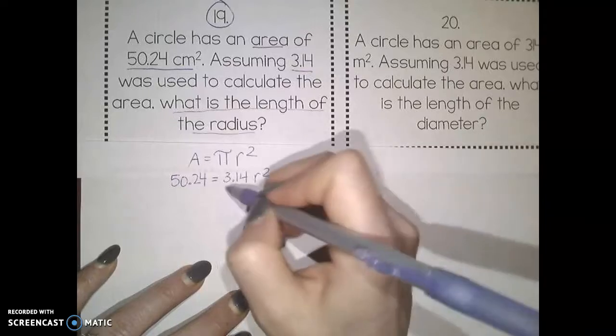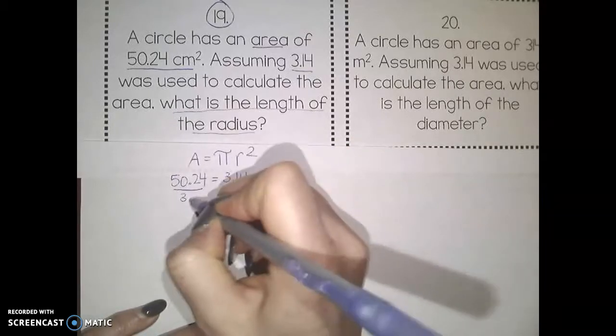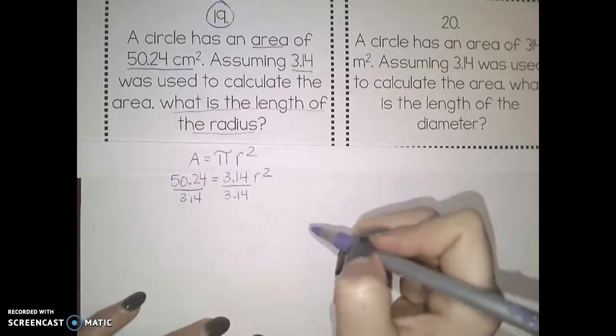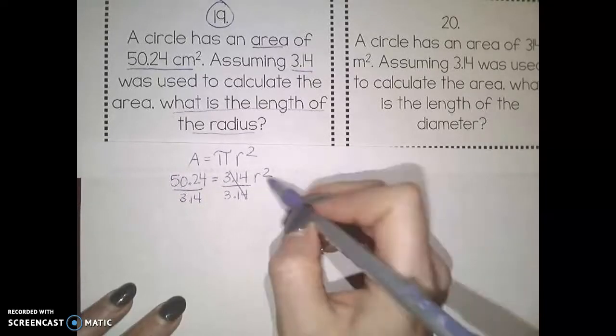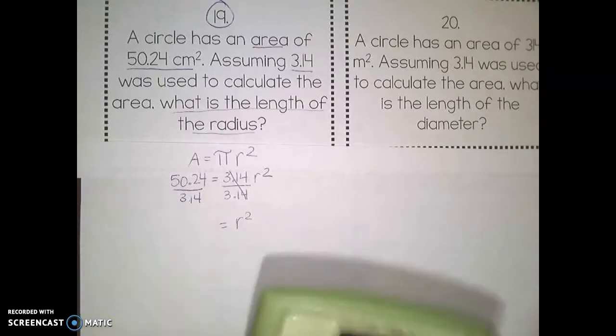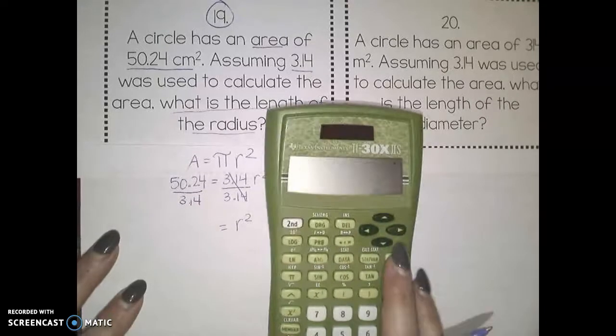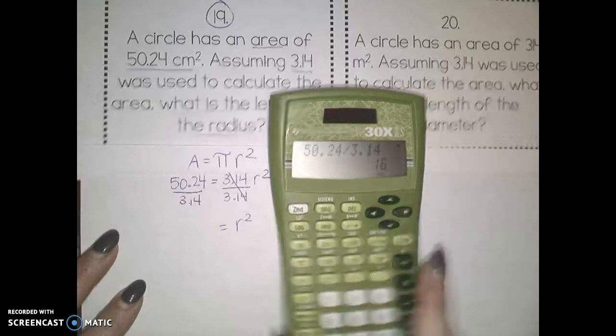Hopefully you said multiplication, so we're going to undo it by dividing both sides by 3.14. So these cancel. Now be careful here. R squared equals, so you have to bring down that r squared, and then use your calculator. 50.24 divided by 3.14 is 16.